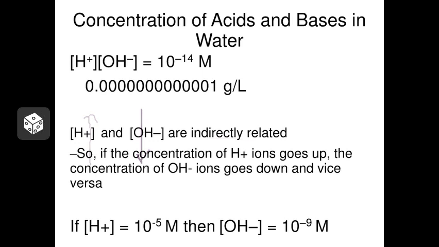For instance, if we have a solution and we've measured that the hydrogen concentration is 10 to the negative 5th molar, then that means that the hydroxide concentration is going to be 10 to the negative 9 molar. Now, how did I know that? Well, 5 plus 9 equals 14, and 14 is our magic number.